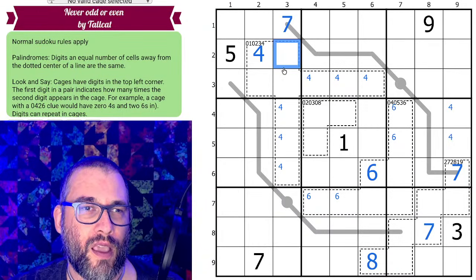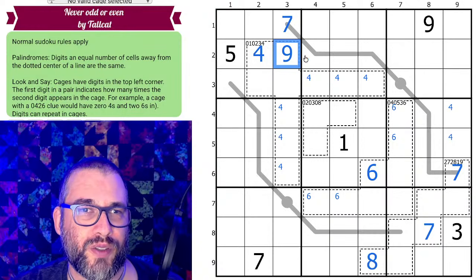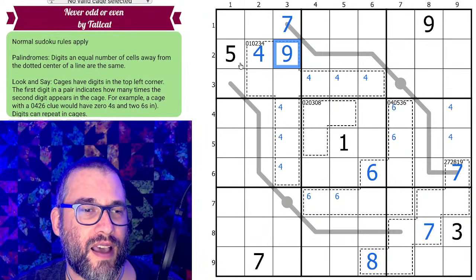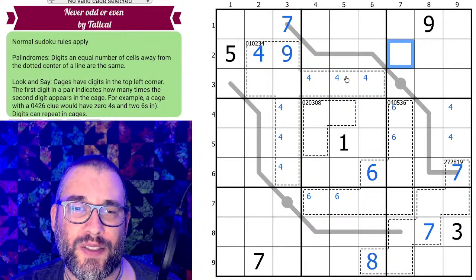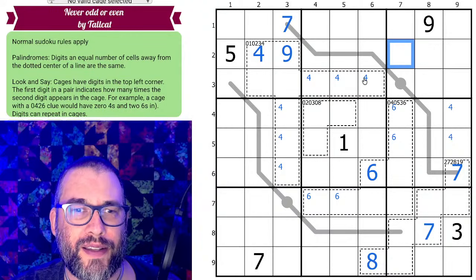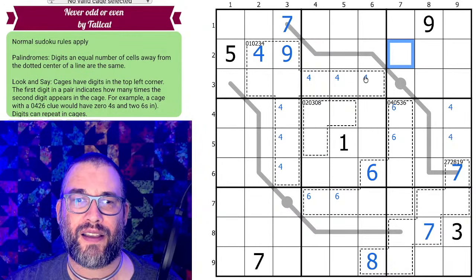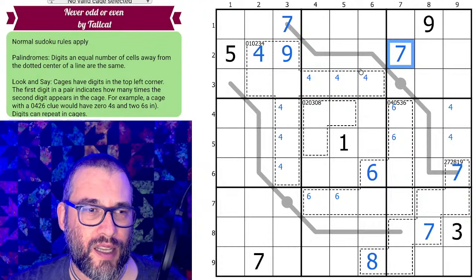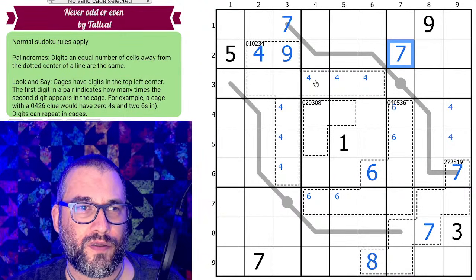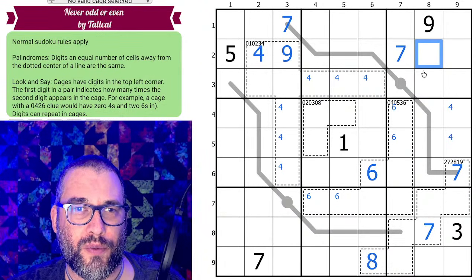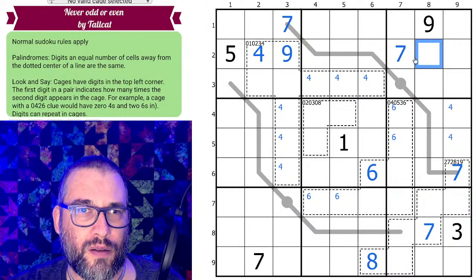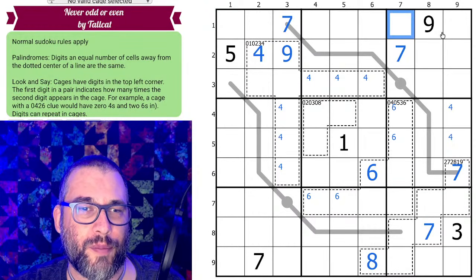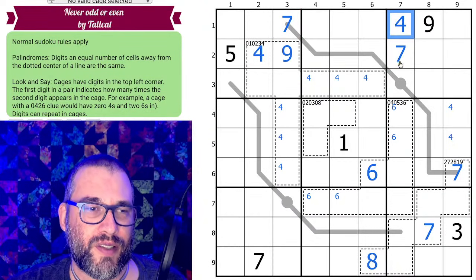There we go. 9 in row 2 is placed here. 7 in row 2 is placed here, I believe. Yes. Not 2, 7. Let's see. 4 in box 3 is, what am I doing? 4, it's up here. It's right there.